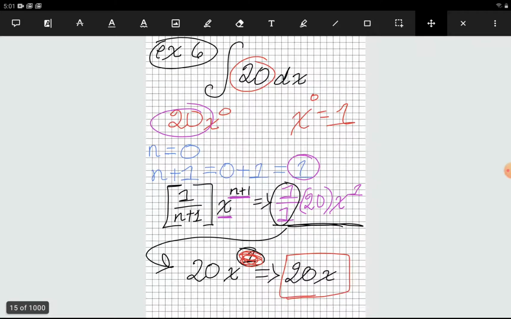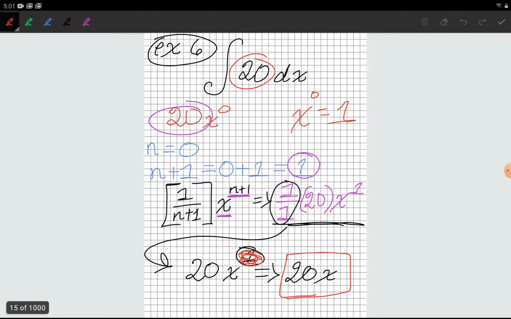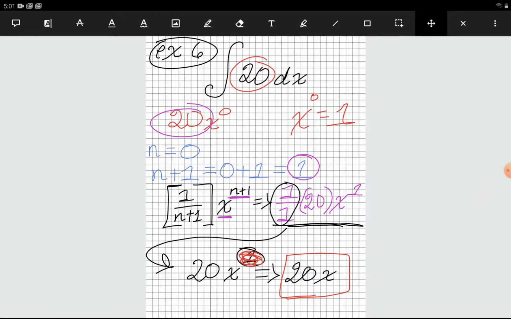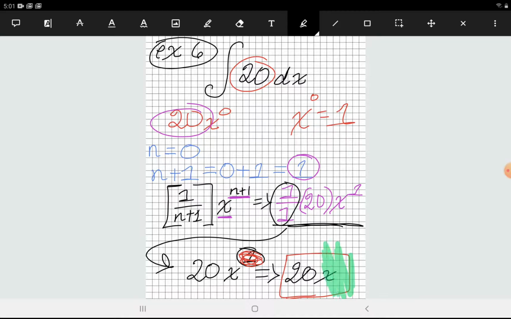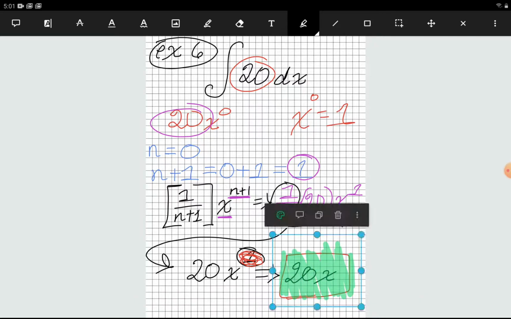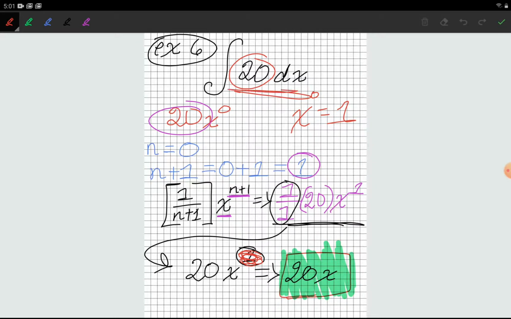So now look from top to bottom. Let me get my highlighter. This is your answer. All right, look at the original question. This is your original question. The antiderivative of a number is always just attach a single x to that number, and you're done.